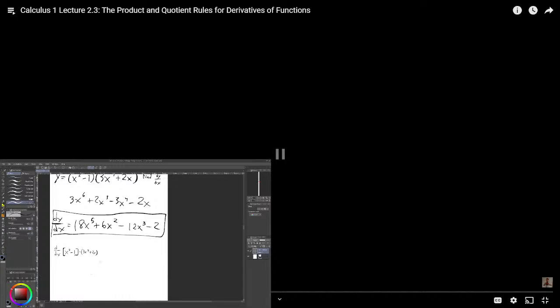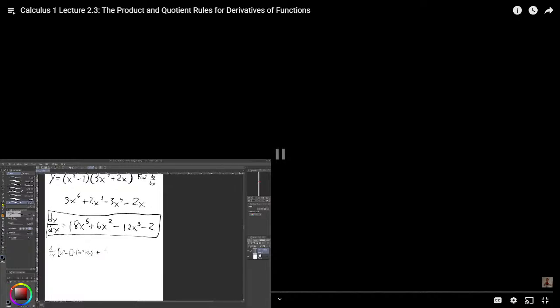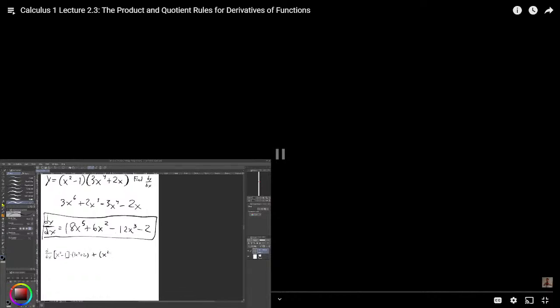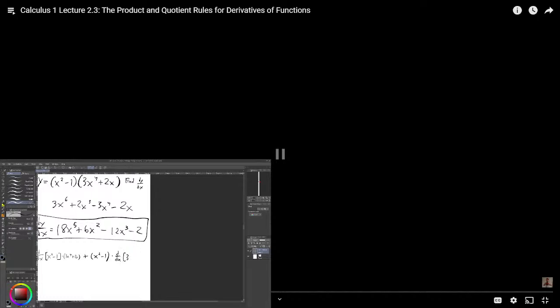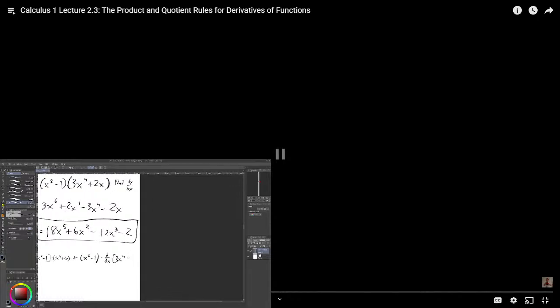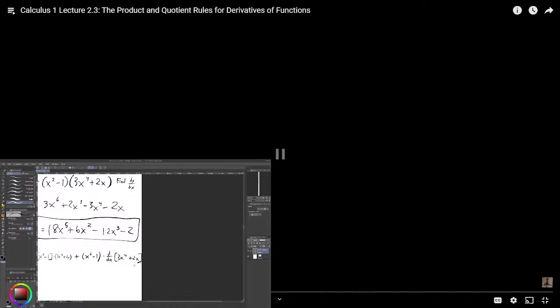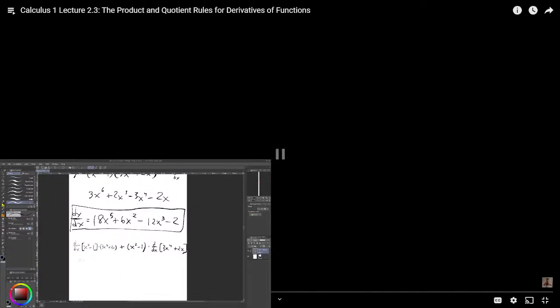And I think you add it. So we have x squared minus 1 times the derivative of 3x to the power of 4 plus 2x.